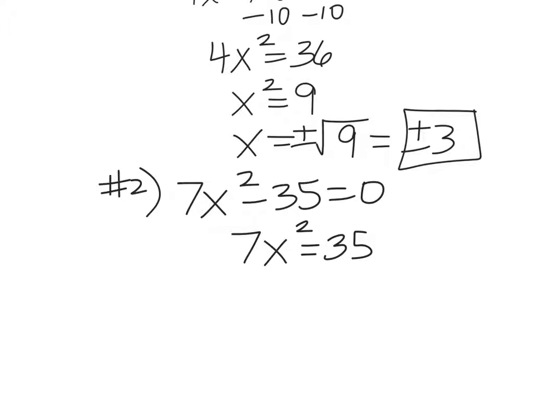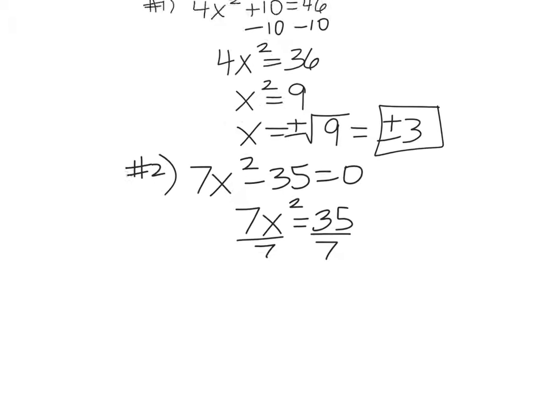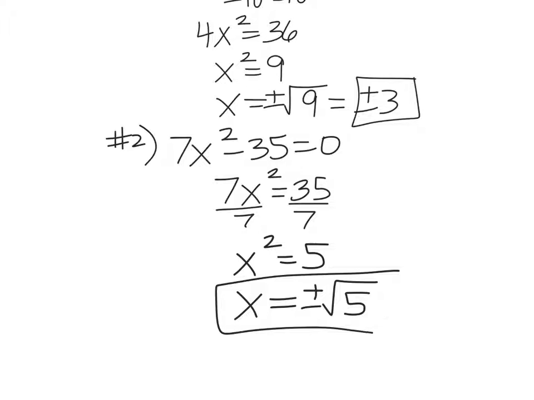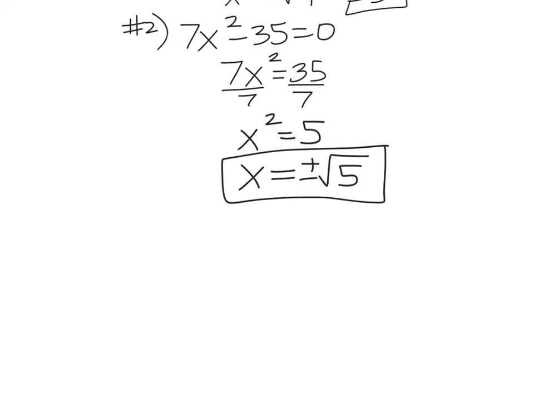Divide both sides by 7. x squared equals 5. Then take the plus and minus square root of 5. Those would be your answers. There's 2 of them: positive rad 5 and negative rad 5. You don't need a decimal. I'd rather you leave them in radical form.